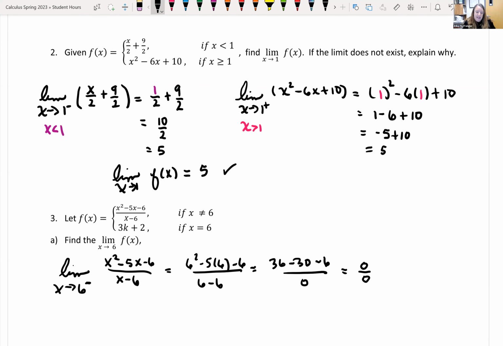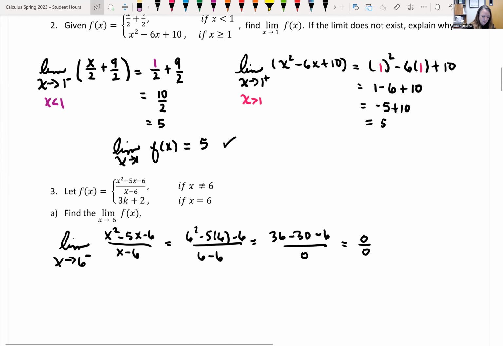So let's go back in here and let's simplify this by factoring. I notice that my numerator can factor. Bringing down my limit as x is approaching 6 on the left, factoring my numerator, x squared minus 5x minus 6, thinking of two numbers that multiply to give me -6, but add to give me -5.